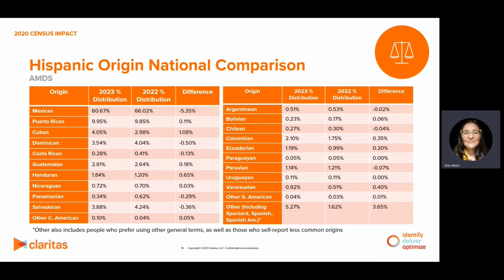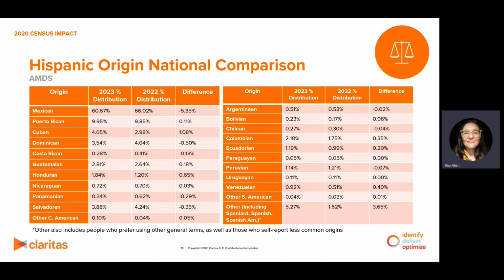So I wanted to talk a bit about what the ACS includes in the other category. So in addition to the Spaniard, Spanish, and Spanish American items that you see listed there, it also includes several identities that are not elsewhere classified.